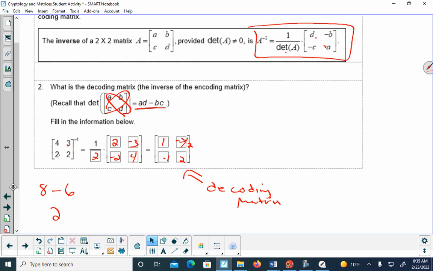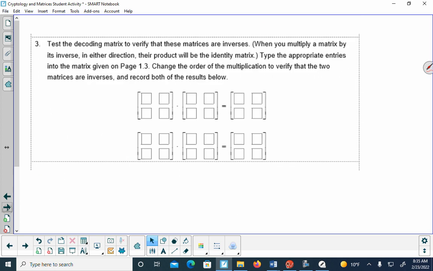And that is going to be my decoding matrix. Now, just to be clear, we're going to verify that those two are inverses. The directions say test the decoding matrix to verify that these matrices are inverses. When you multiply a matrix by its inverse in either direction, their product will be the identity matrix.